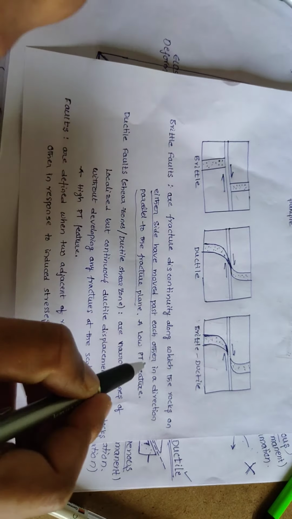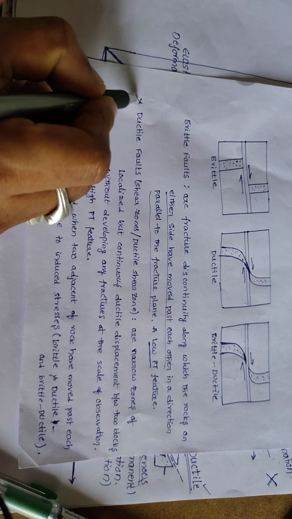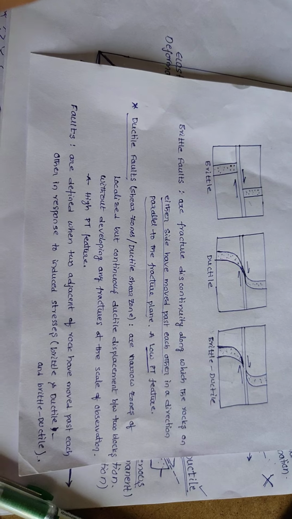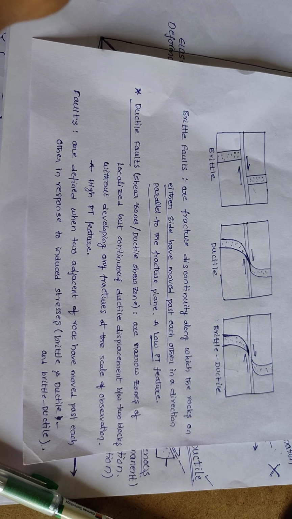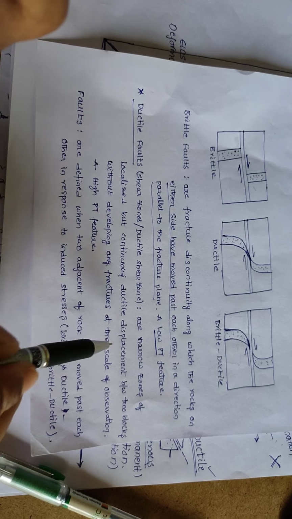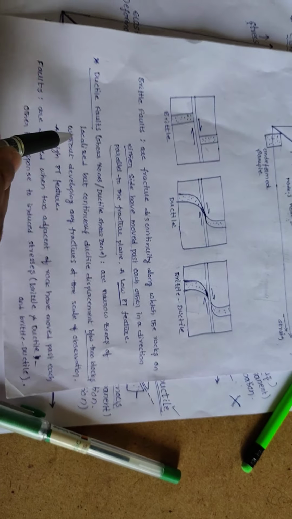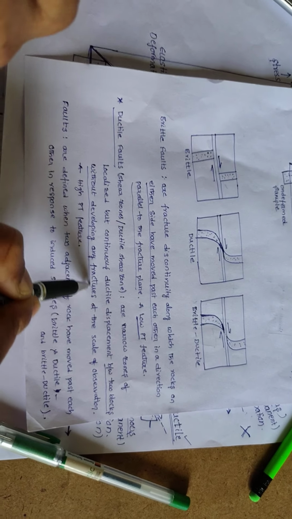It will be happening at low pressure and temperature. As seen, ductile faults are shear zones or ductile shear zones, narrow zones of localized but continuous ductile displacement between two blocks without developing any fracture.